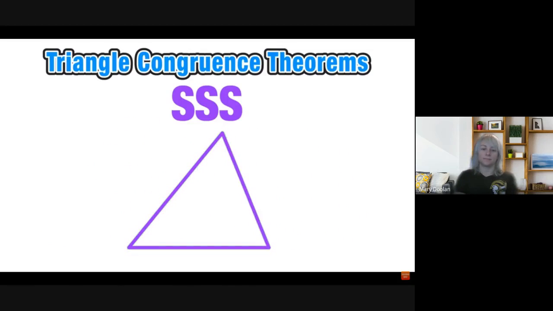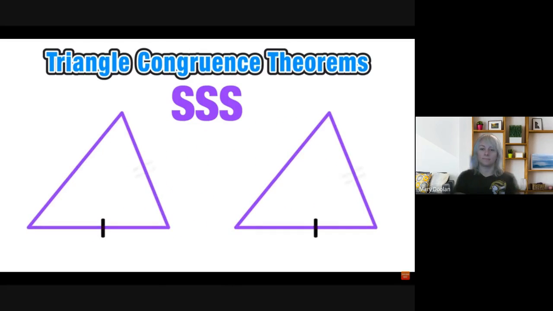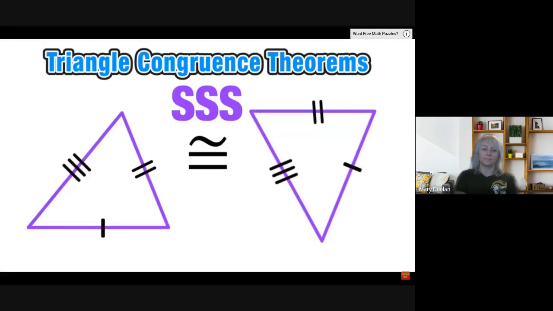So in this instance, we can use the side-side-side theorem to conclude that the triangles are congruent and that their corresponding sides and corresponding angles have the same measure. And remember that this relationship is still true even if the figures have different orientation.